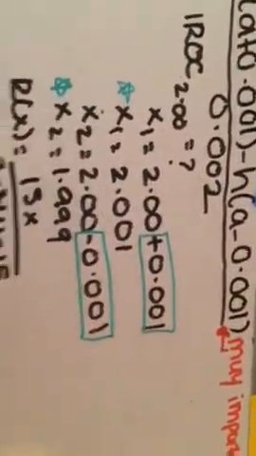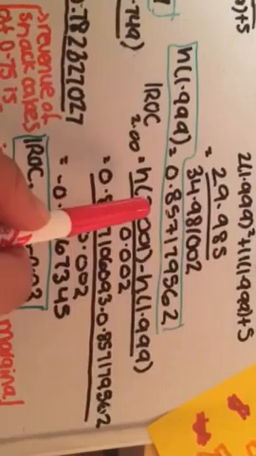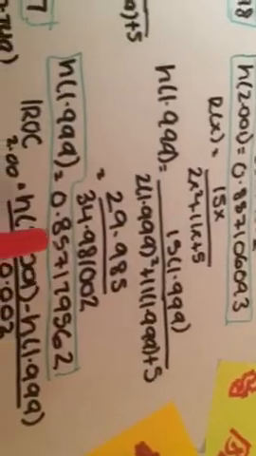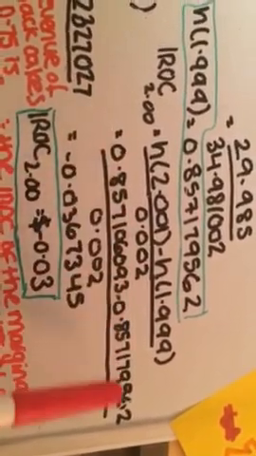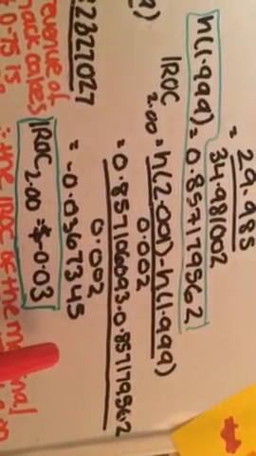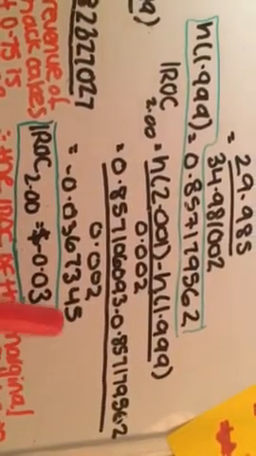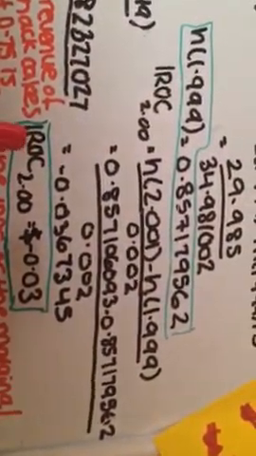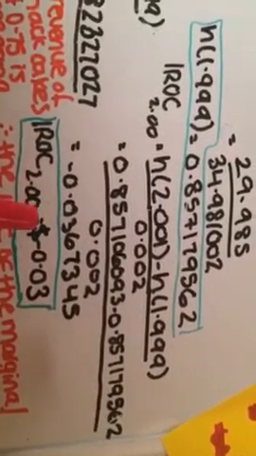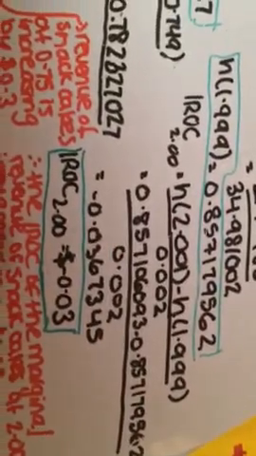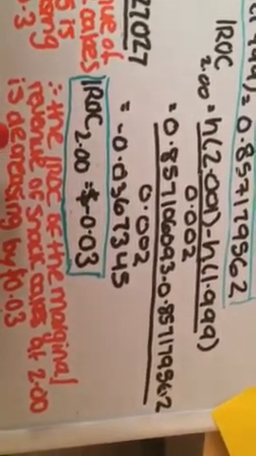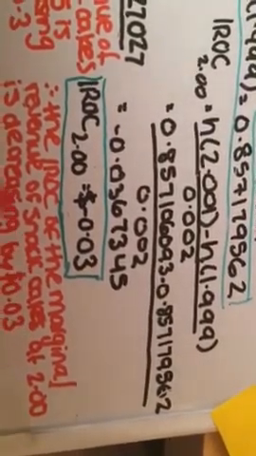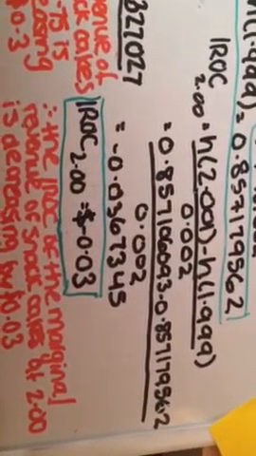We substitute what we found for 2.001, which is this long number here, and what we found for 1.999, this long number here. We subtract the two and put that all over 0.002, and that gives us this nice long number here. Therefore, the IROC of 2.00 is $0.03. So the IROC of the marginal revenue of snack cakes at 2.00 is decreasing by $0.03.